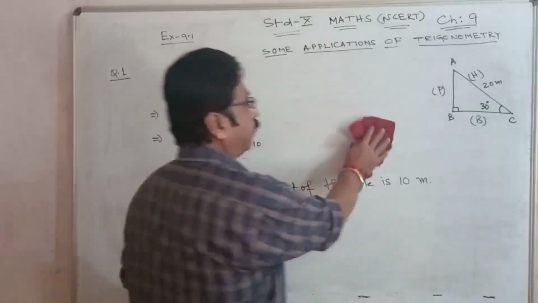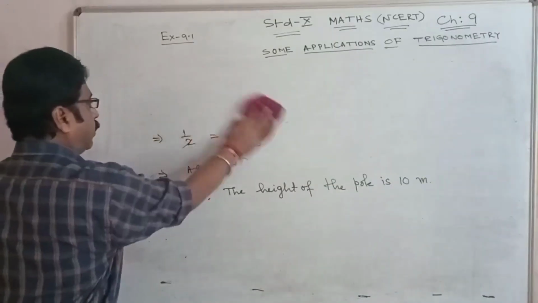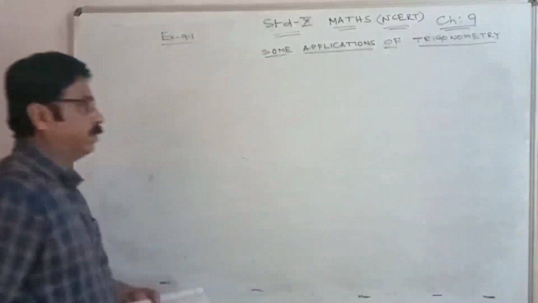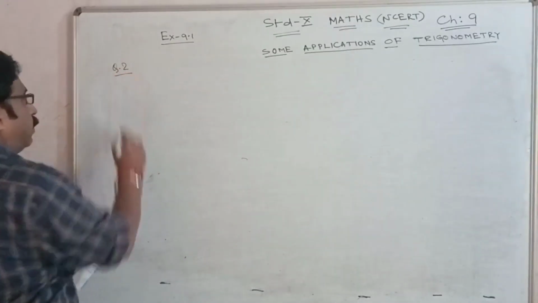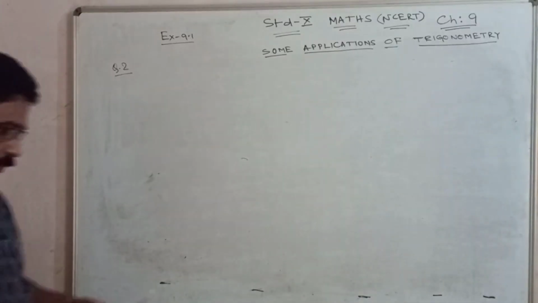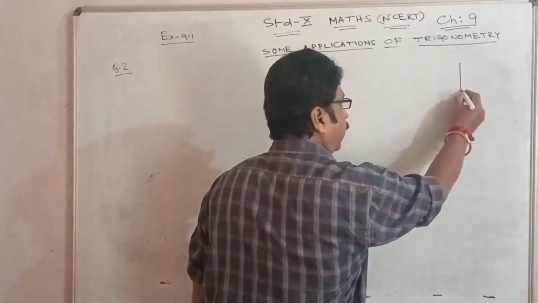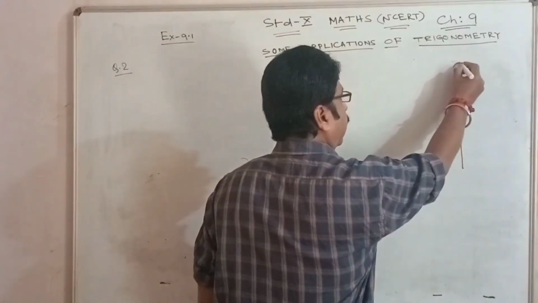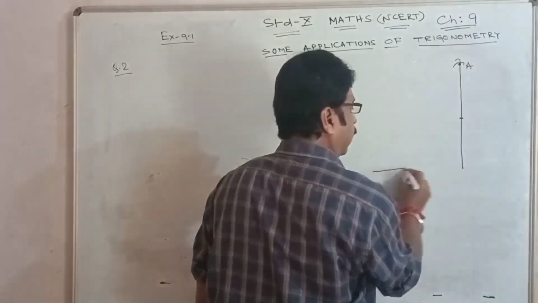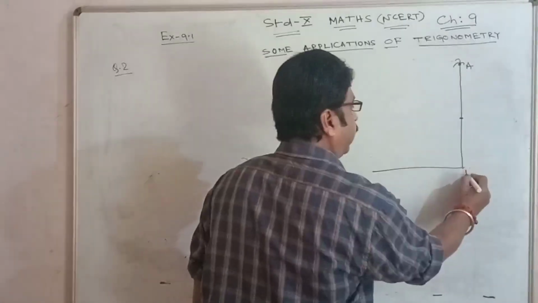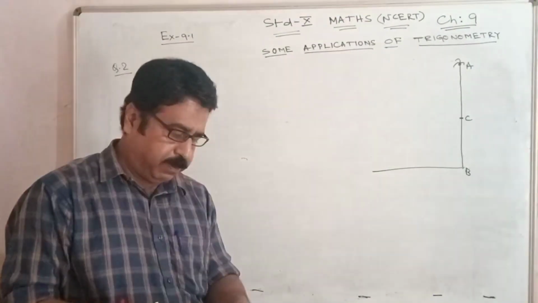Question number 2 we are going to start. For this sum, suppose this is a tree. Suppose this is A, it is B, this is ground level, and it is C. A tree breaks due to storm and the broken part bends to the top.